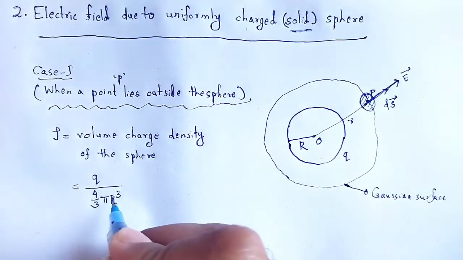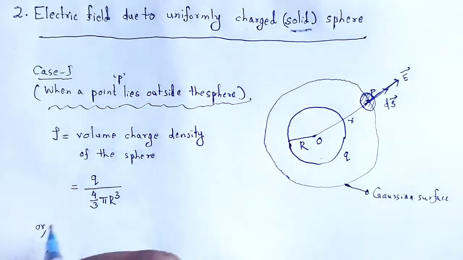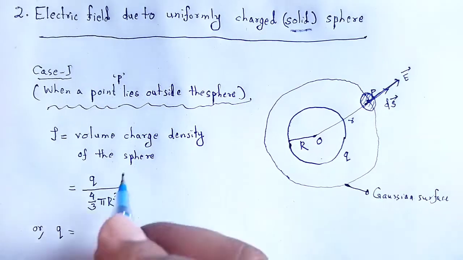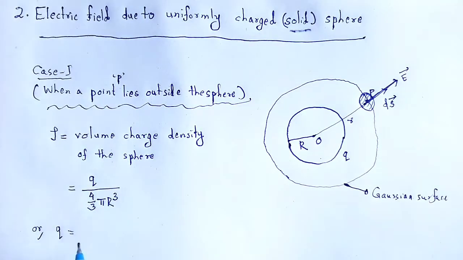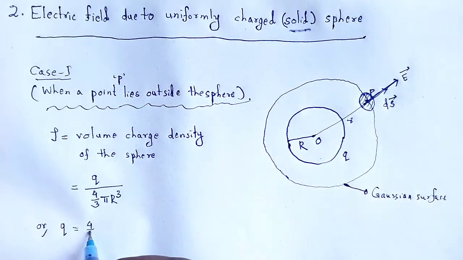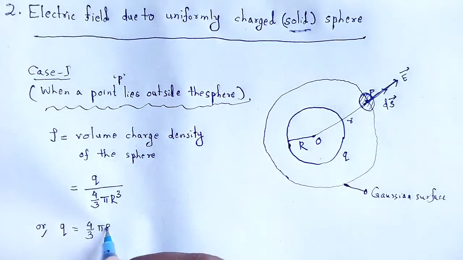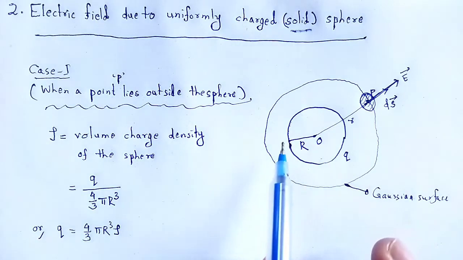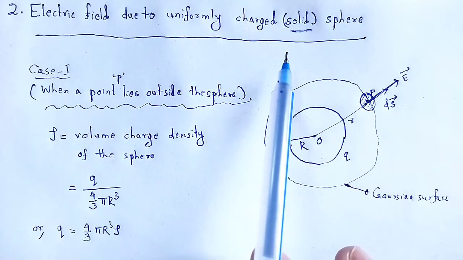Therefore the amount of charge in terms of volume charge density is 4 by 3 pi R cube rho.